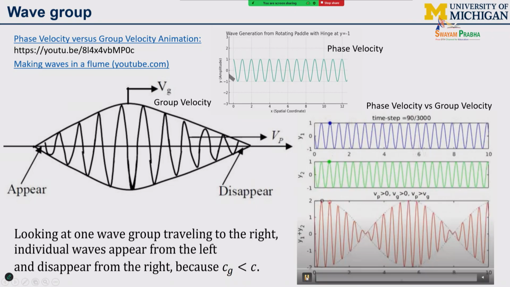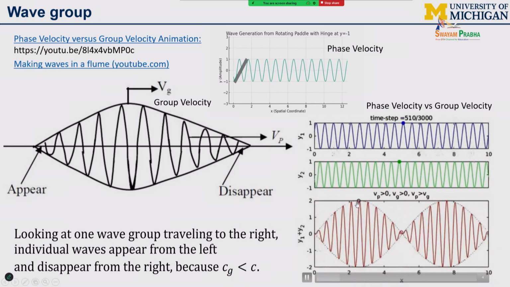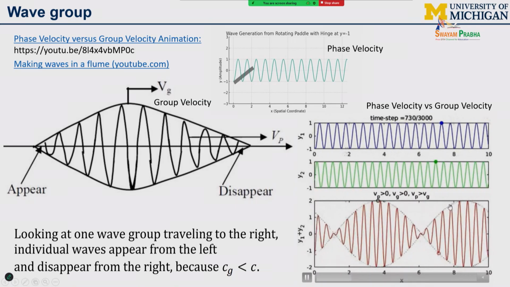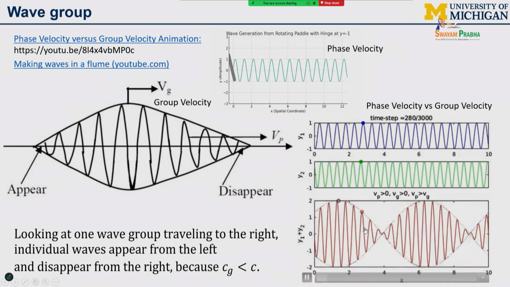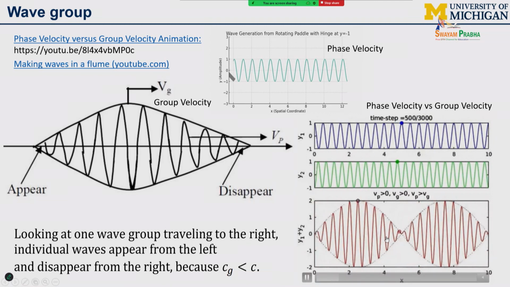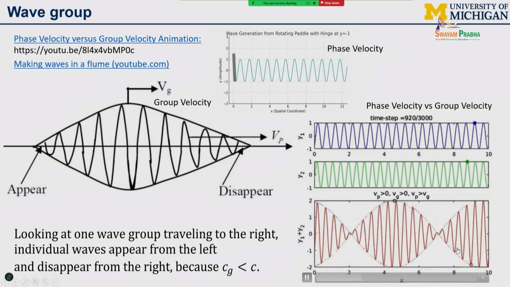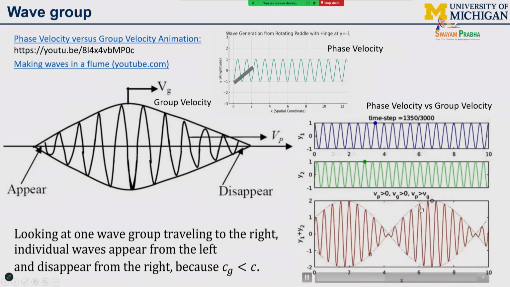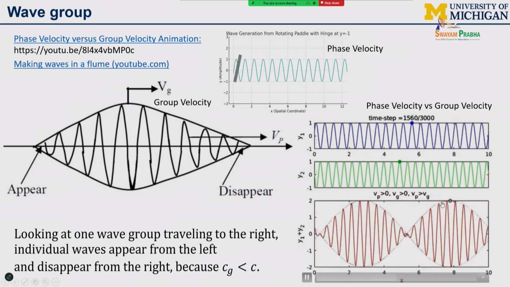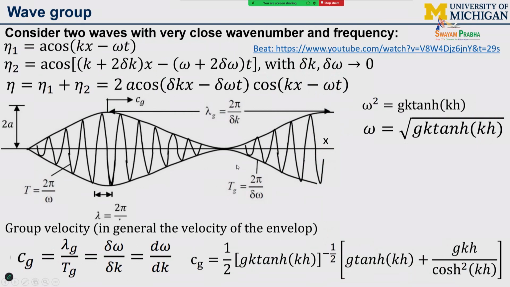Okay, and take a look at here. The black dots show the envelope moving, right? And take another look at the red dots. The speed at which the red dot moves is called the phase velocity, and the black dot, the envelope motion, is called the group velocity.